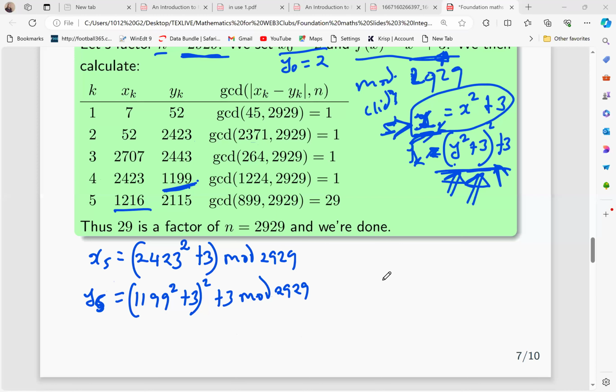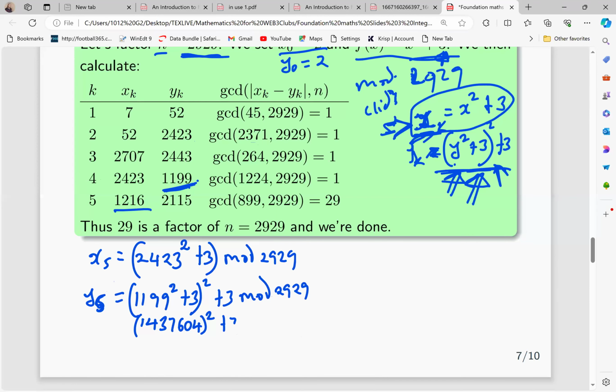We want to reduce it first of all before squaring. Whatever is inside the bracket is 1,437,604. This is what we want to square. Then add 3 to it, mod 2929.